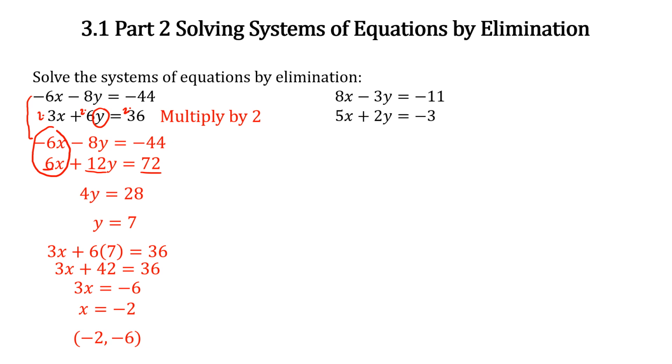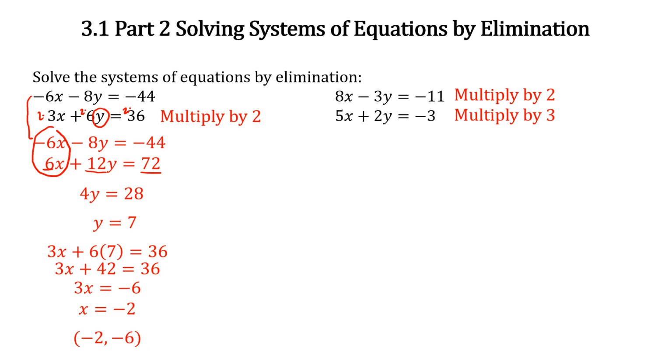Okay, there's nothing I can multiply 5 by to get 8, nothing I can multiply 2 by to get 3 or vice versa. But I do see that these signs are already opposite of each other. So I'm going to try to make the y's cancel out. What I'm going to do is multiply the top equation by 2 and the bottom equation by 3.